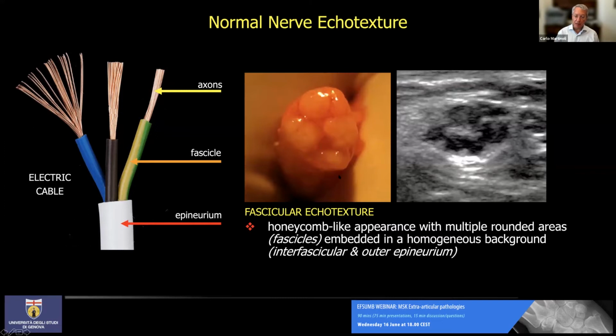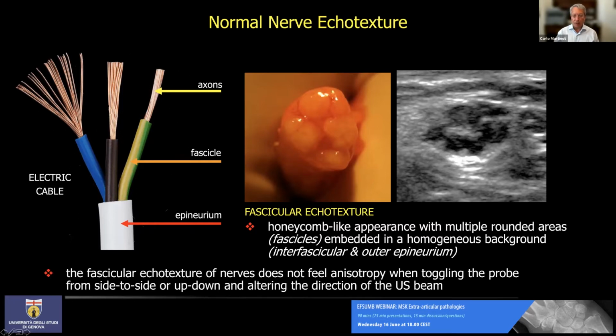This is a dissected nerve, and you see the corresponding ultrasound image showing in its cross-section the fascicles as round hypoechoic structures. And the hyperechoic tissue separating them from each other is the interfascicular epineurium, a fatty stromal tissue.